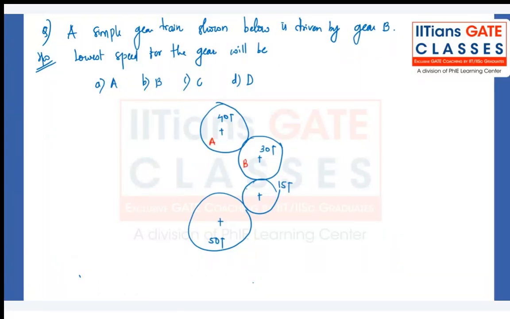This is gear A, B, C, and D. Okay, try to solve this, and the correct answer in this case is option D. You can clearly see here that the gear with the most number of teeth is likely to have the lowest speed. But yeah, you can solve this and confirm. Okay, I'll proceed to the next slide.